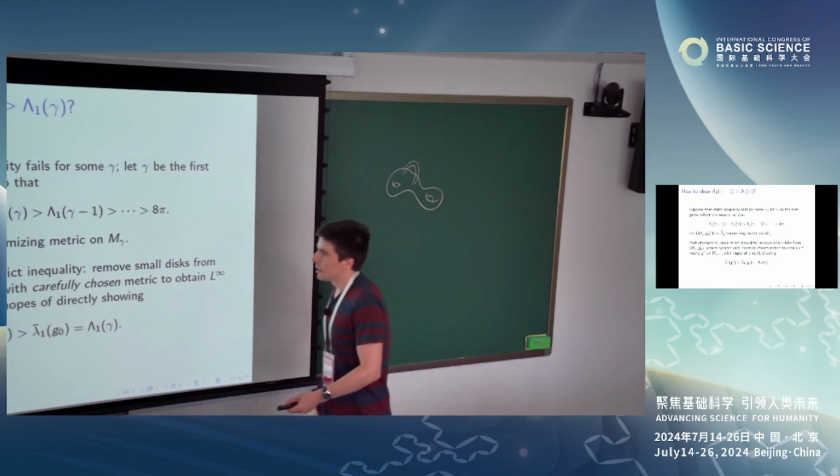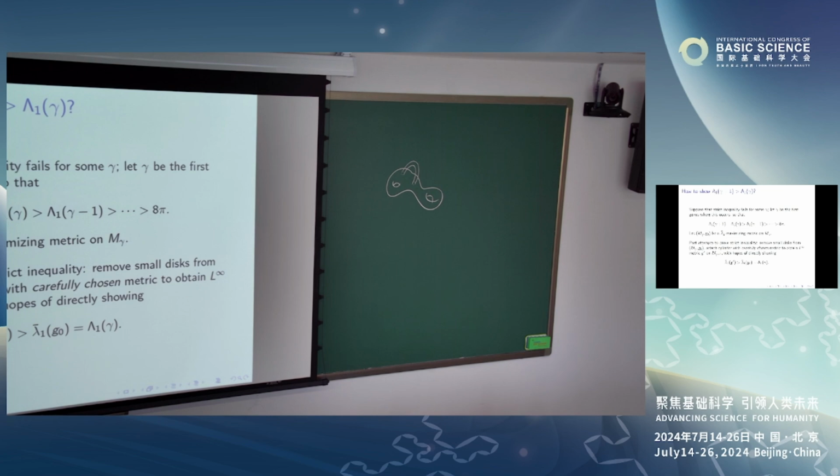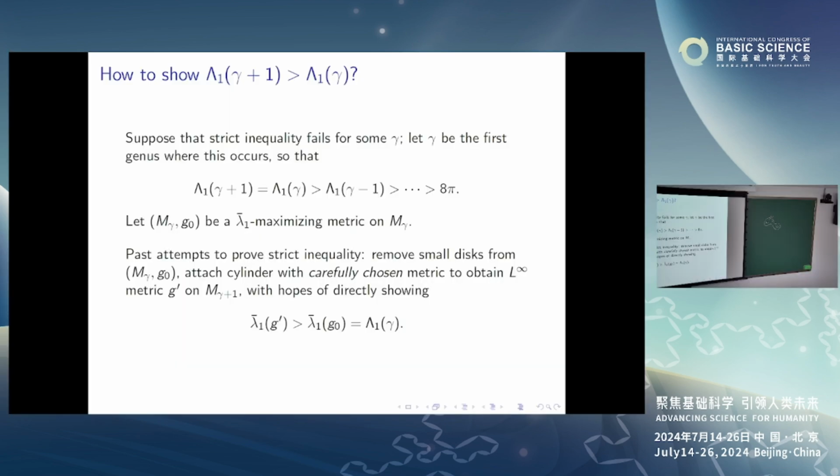And the idea that people have tried is to choose a metric on that handle in some very, very clever way, maybe to mimic some sort of hyperbolic cusp, right? To just explicitly produce something, and usually an L infinity metric, but I claim that for the purpose of these inequalities, the regularity doesn't matter so much. So to produce some metric where you can show explicitly, by doing a very careful asymptotic analysis in the limit as this thing shrinks, that in fact your lambda 1 bar of that metric beats it.